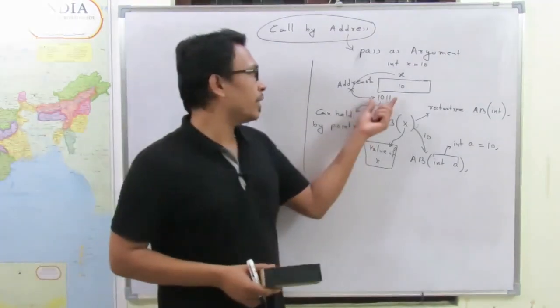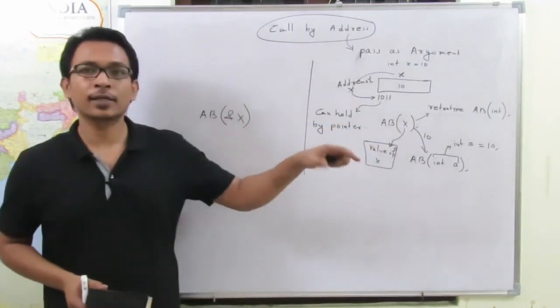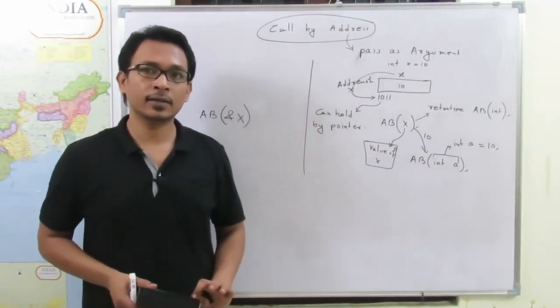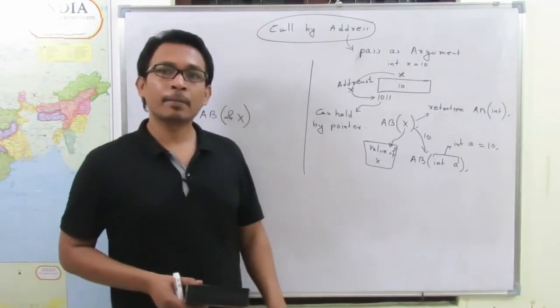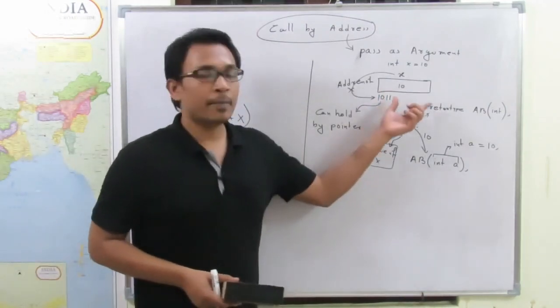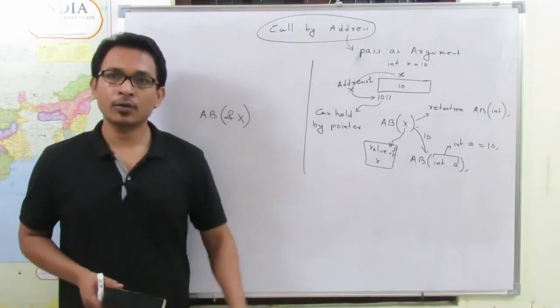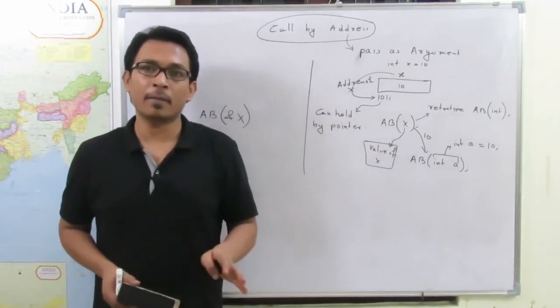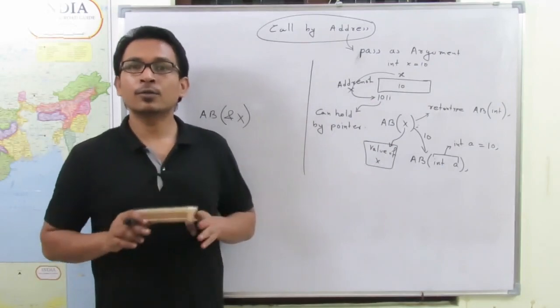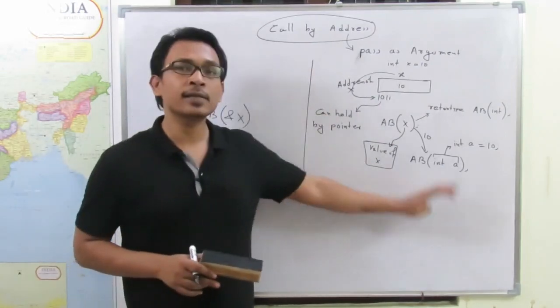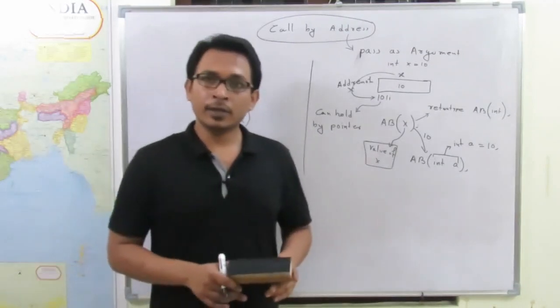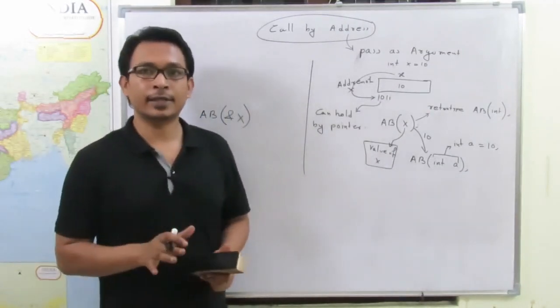Look here, we are assuming the base address of x is 1001, but it is not guaranteed. Why? Because we don't know which memory block will be allocated to this particular variable x. It is totally an internal part, but the concept is exactly the same.